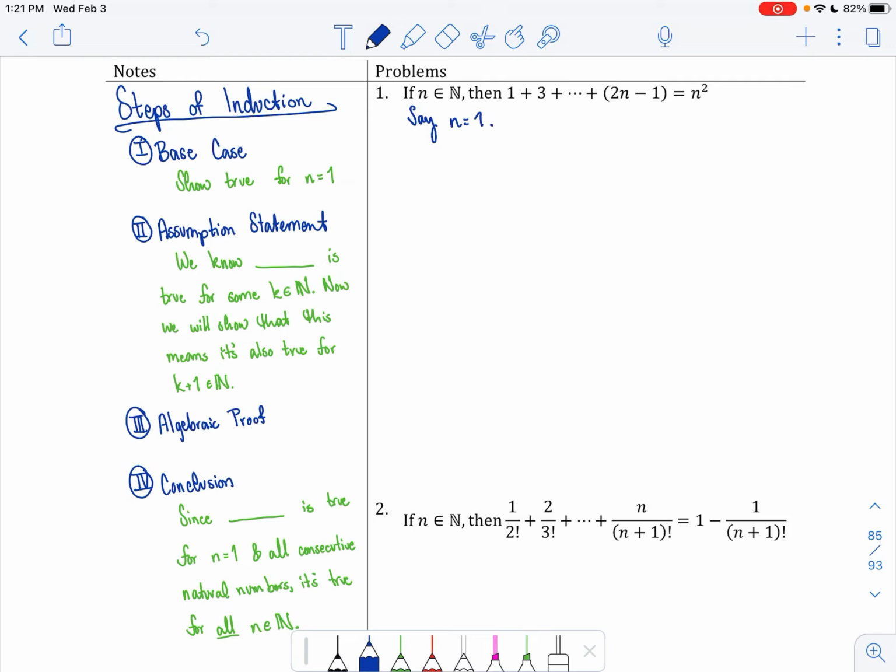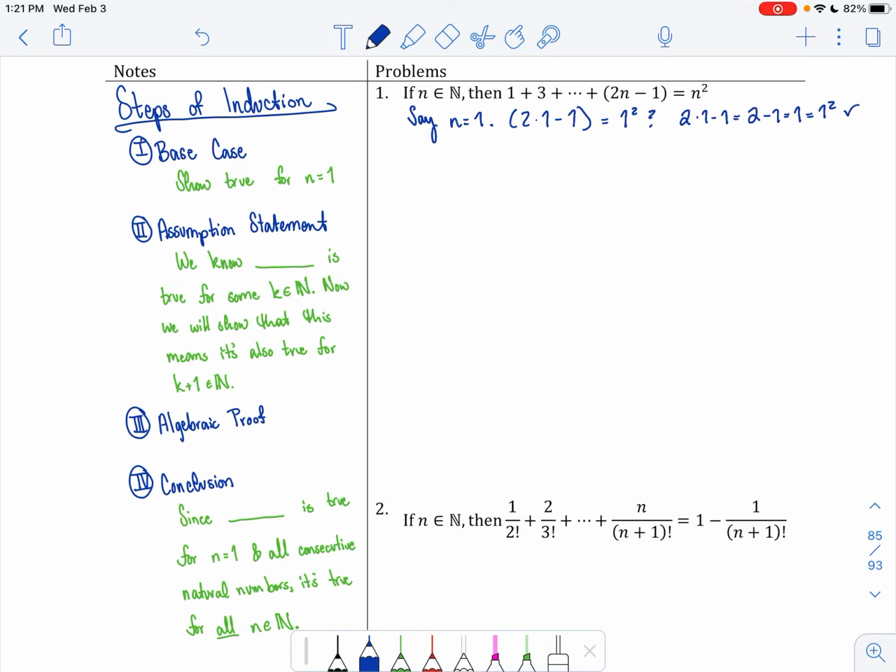Then using the formula here, we get 2 times 1 minus 1 is equal to 1 squared, and that's a question mark. We want to know if that's true. Well, then 2 times 1 minus 1 is equal to 2 minus 1, which is 1, which is indeed equal to 1 squared. So now we know that this is true.